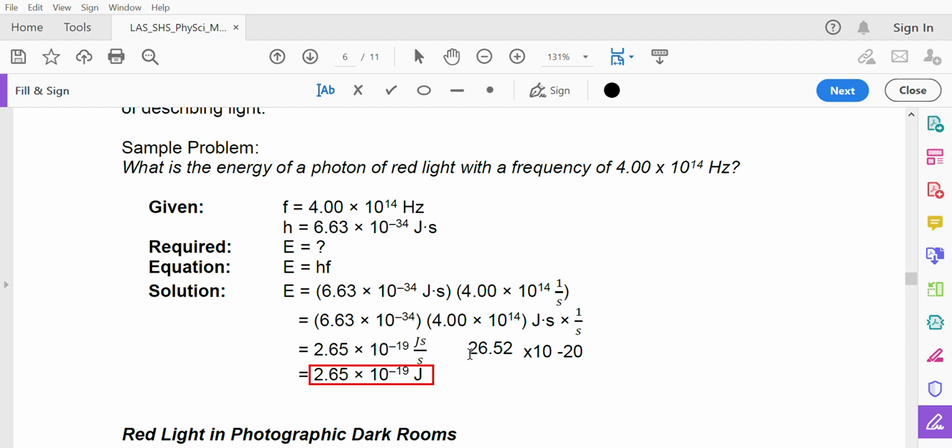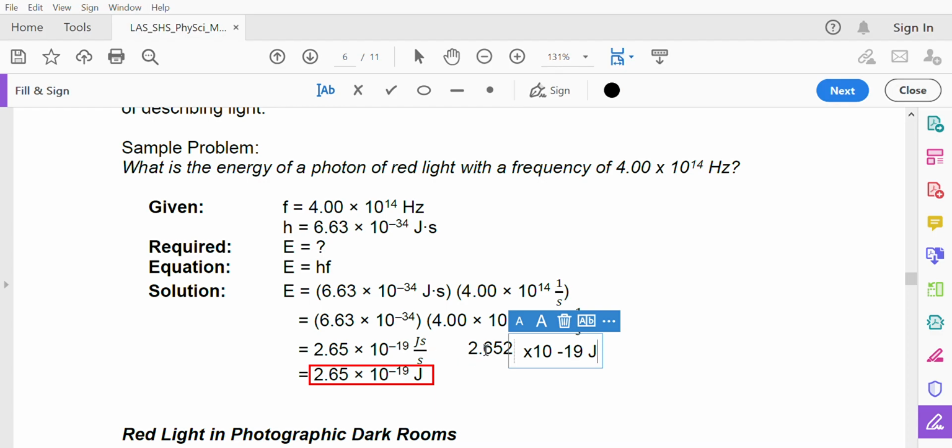So it becomes 2.652, and the minus 20 will become minus 19. The unit is only joules, because we have cancelled the second and the second.